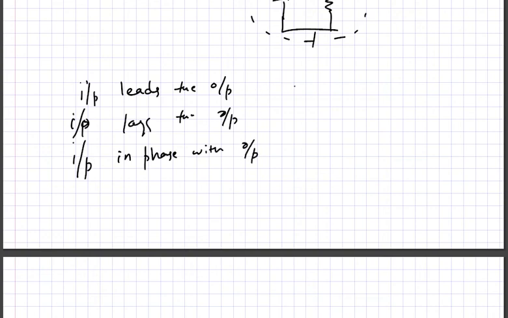This is if C1 is not equal to C2 and R1 not equal to R2. One of them has to be larger, one of them smaller. Here C1 is equal to C2 is equal to C. That is what we have done in the Wien bridge oscillator.